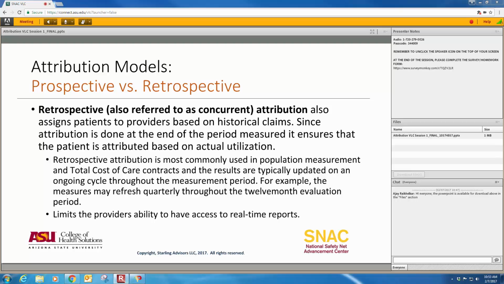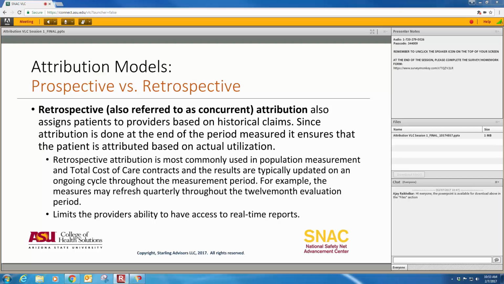Let's say that a patient has had a relationship with a provider for a very long time and suddenly shifts and begins seeing a different provider, and it turns out that they achieve either really good or really poor outcomes over the course of that year. A retrospective model says, look, it wouldn't be fair to associate either the good or bad outcome to a provider they didn't end up seeing once within that year.